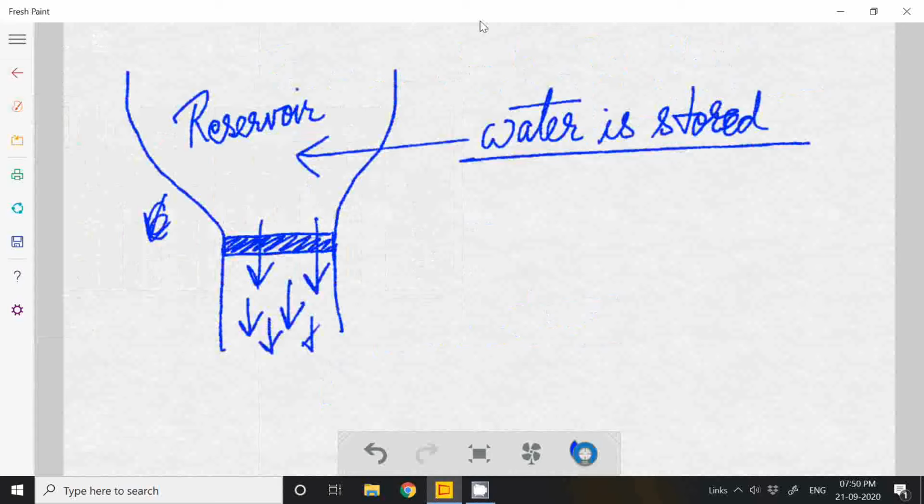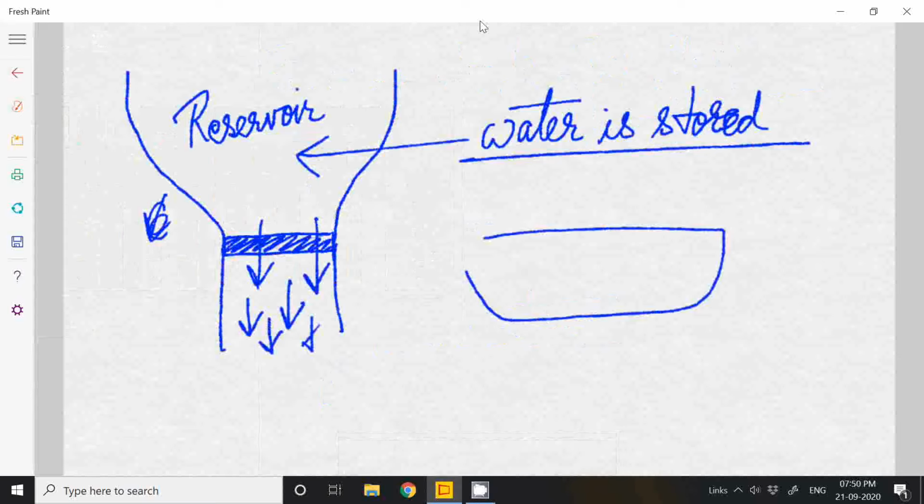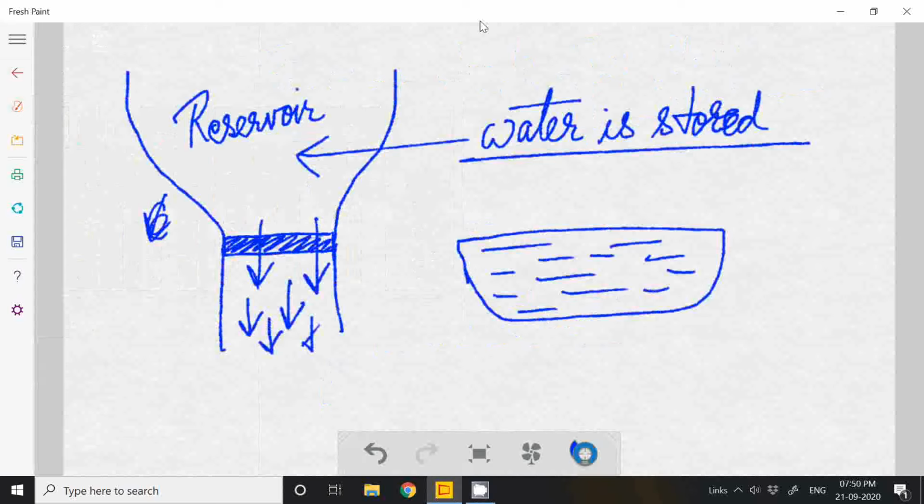Just imagine this is the reservoir, having this level of water, and the soil here is very much porous, then the water will leak inside, isn't it?